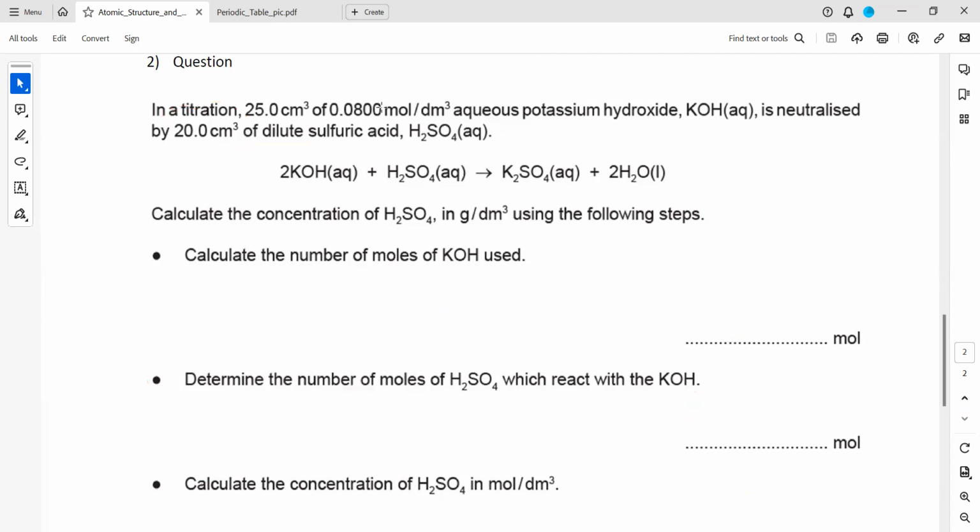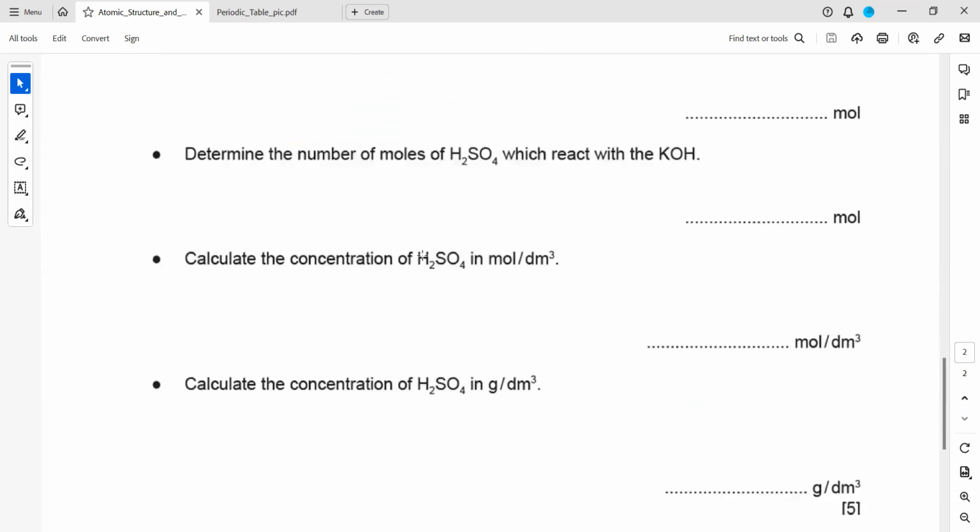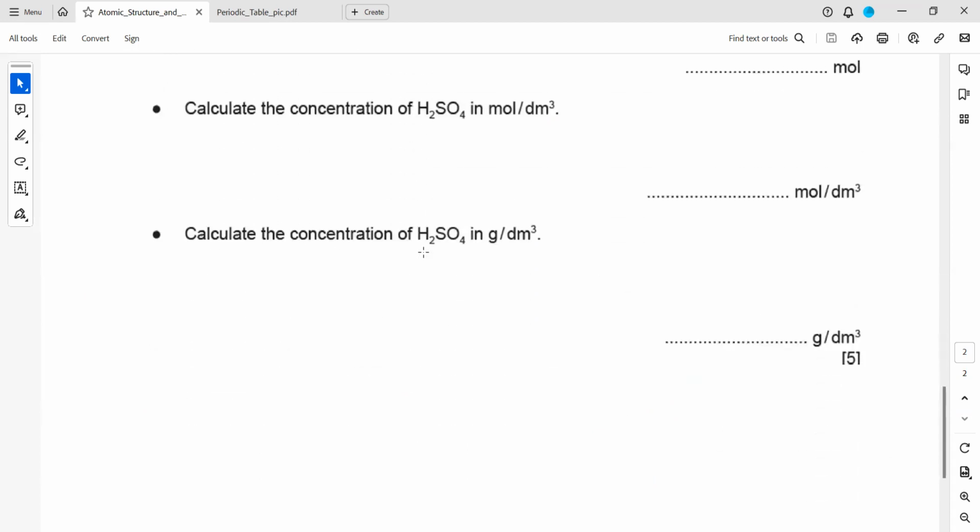Now we can convert the concentration from moles per decimeter cube to grams per decimeter cube. This was 0.05. To convert the concentration, we simply multiply by the molar mass. For the molar mass of sulfuric acid, H2SO4, you have to use a periodic table. Hydrogen is 1 and there are 2, so multiplied by 2.